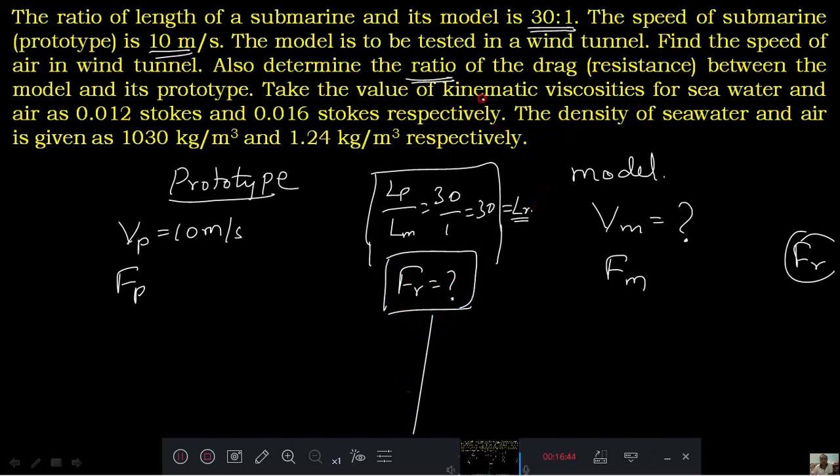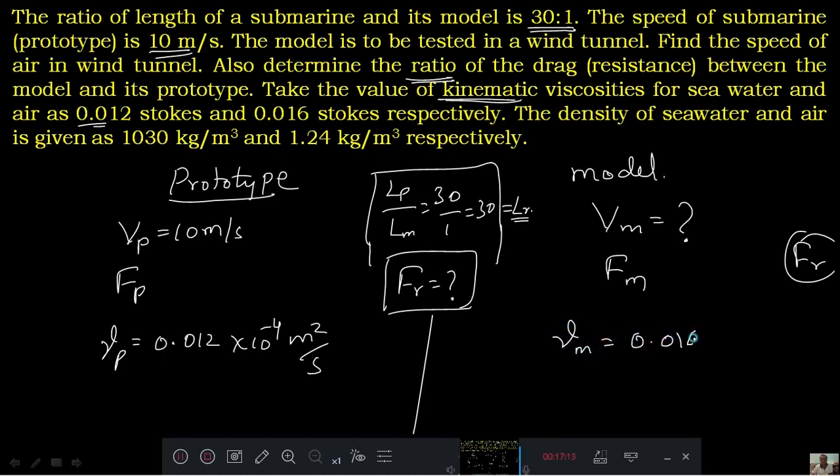Now take the value of kinematic viscosity, very important. Kinematic viscosity for the seawater, nu p, is 0.012, given in Stokes. I will convert it into SI units: 10 raised to minus 4 meters square per second. For the wind tunnel, nu m is 0.016 into 10 raised to minus 4 meters square per second.